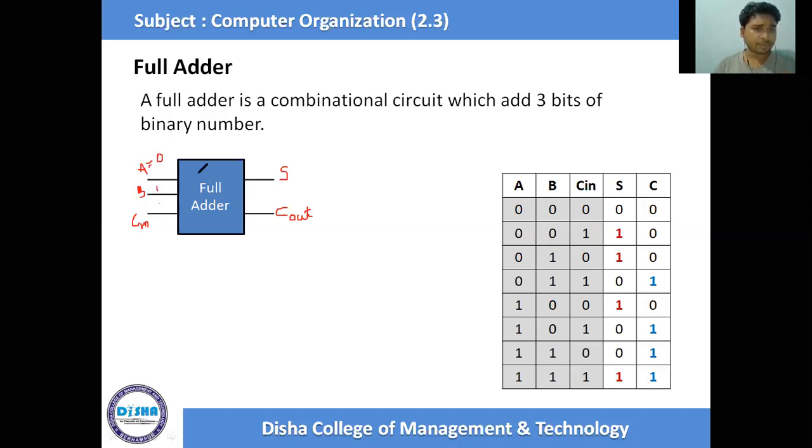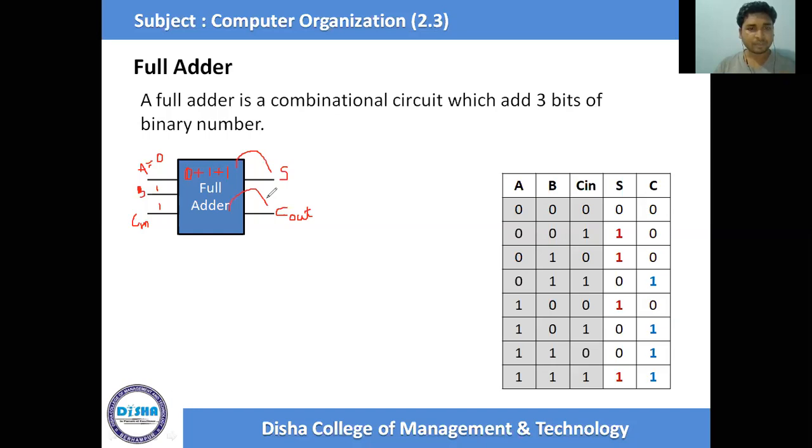So this full adder takes 0 plus 1 plus 1. After that, when the system receives these values, it will add these three numbers and produce one sum and another carry.